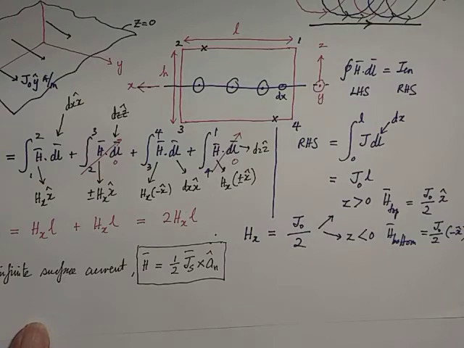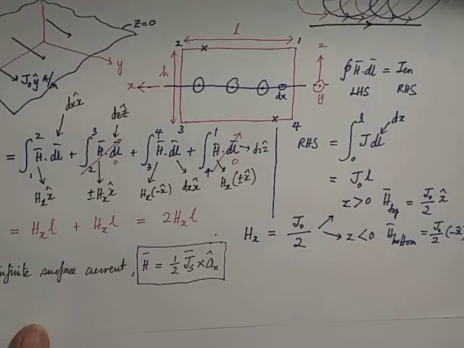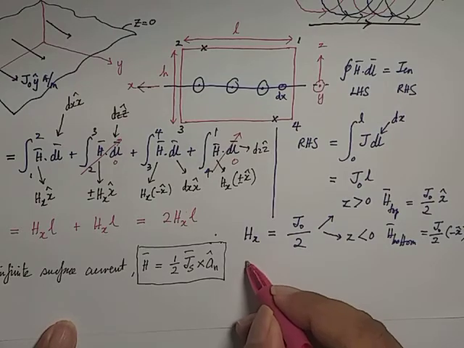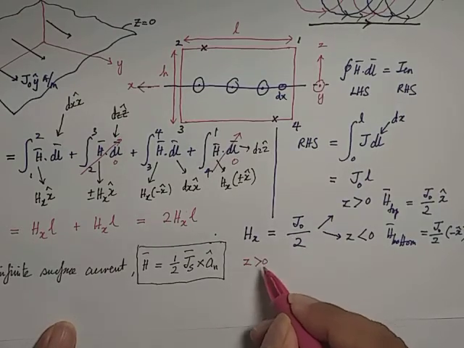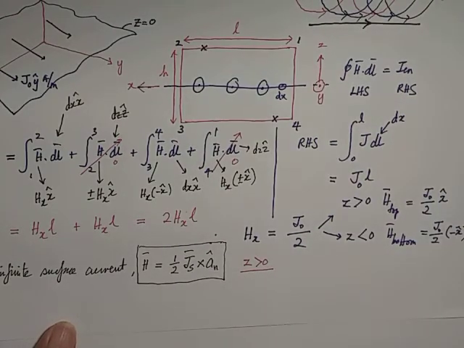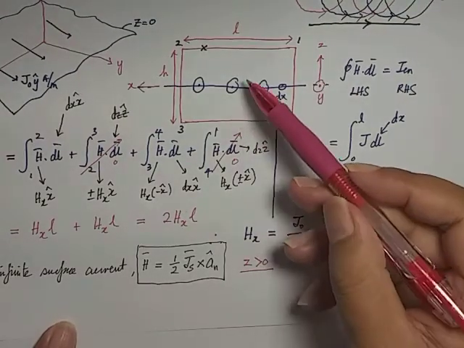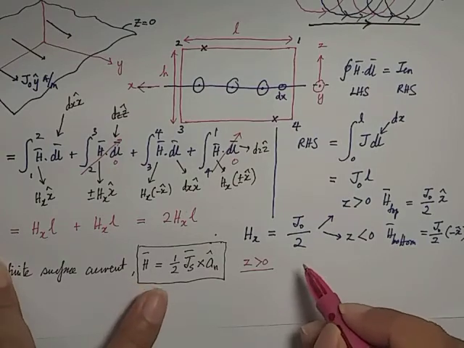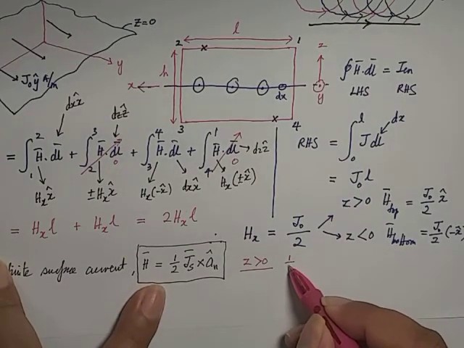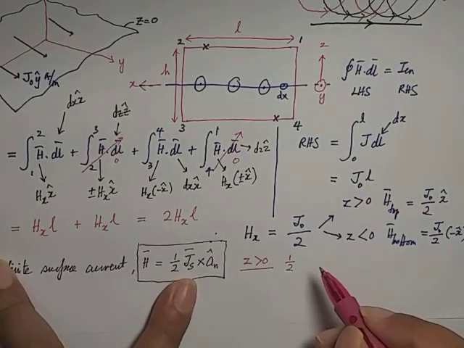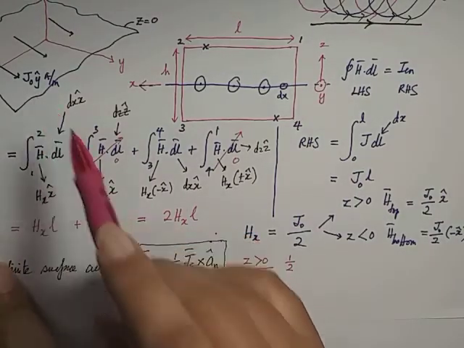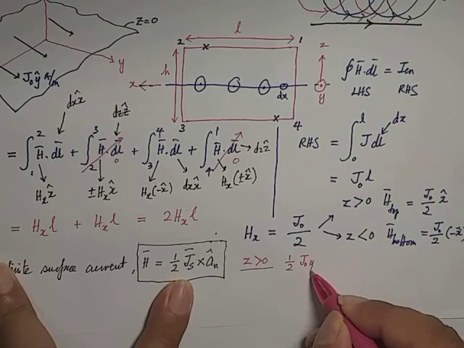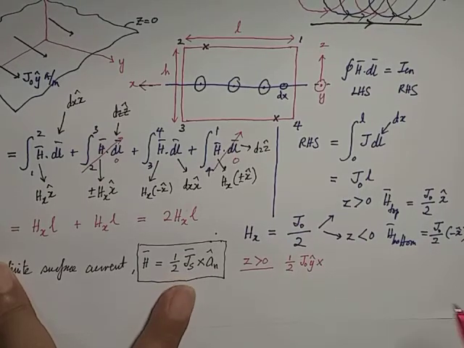Let's do the first region, for z greater than 0. What should be our formula? Half, that's done. Js equals whatever field is given here, J naught in y direction, correct? Cross with An.